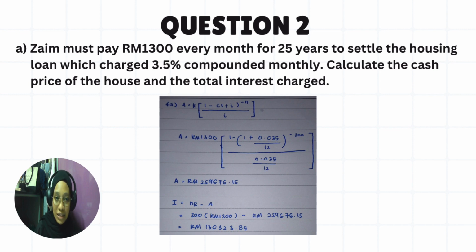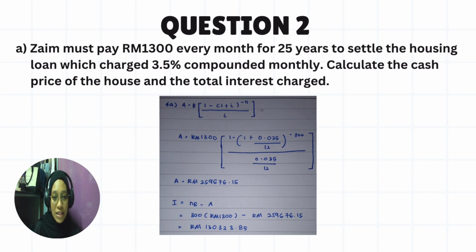And for the interest charge, we can use the formula I equals NR minus A. Fill in the information the same as before. N changes to 300, R is 1,300 ringgit, minus 259,676 ringgit and 15 cents.